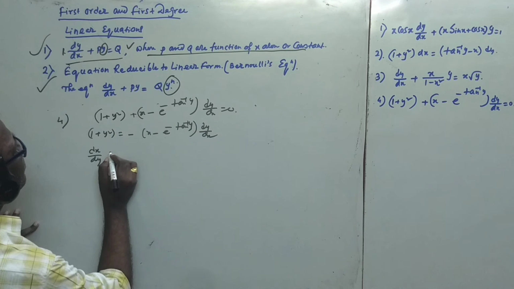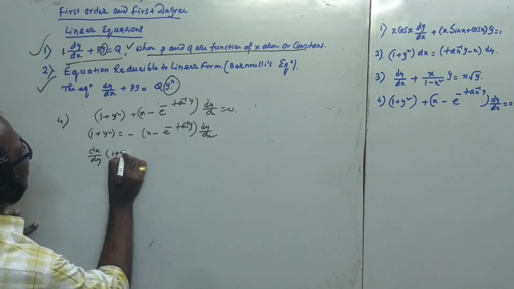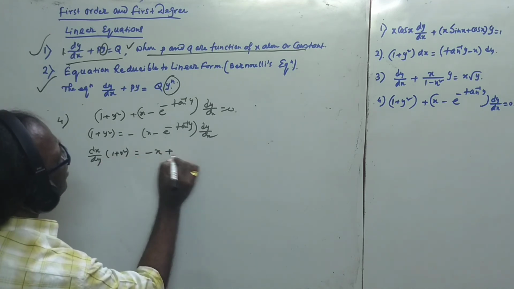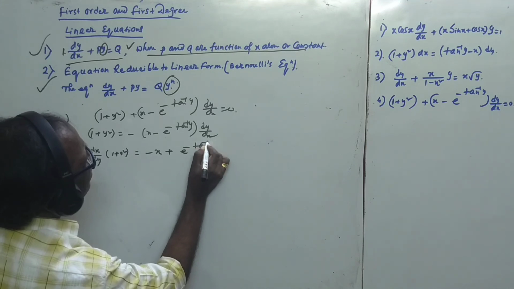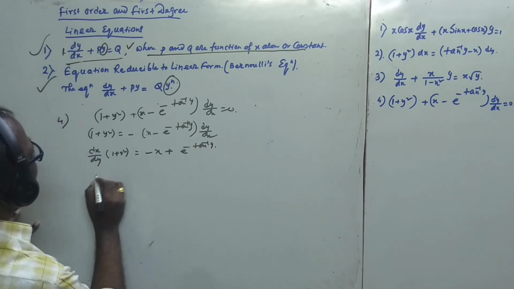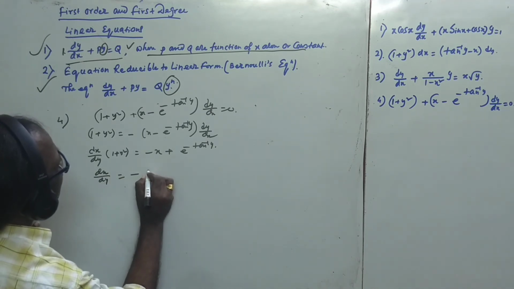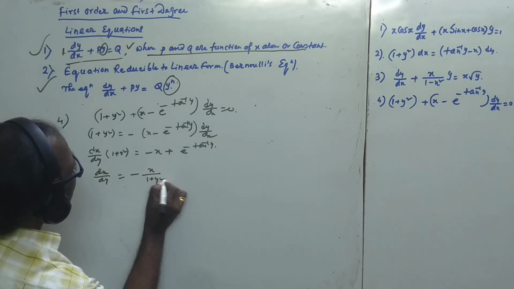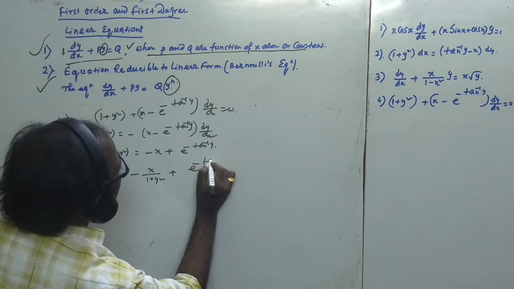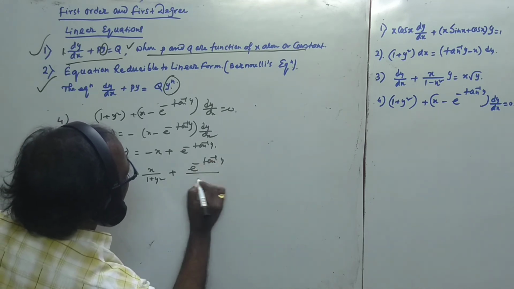Let's see here. Divide by 1 plus y square on both sides. This gives x by 1 plus y square, and also e to the power tan inverse y by 1 plus y square.